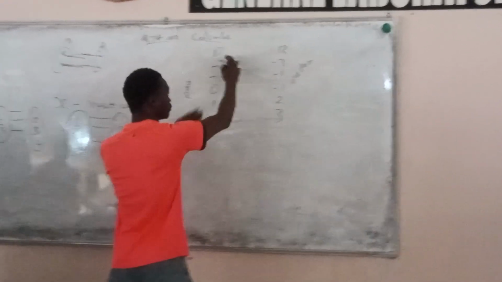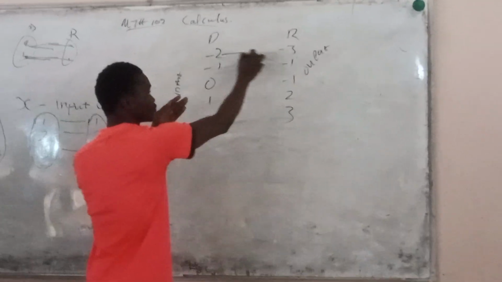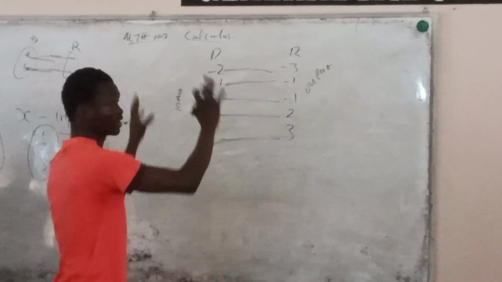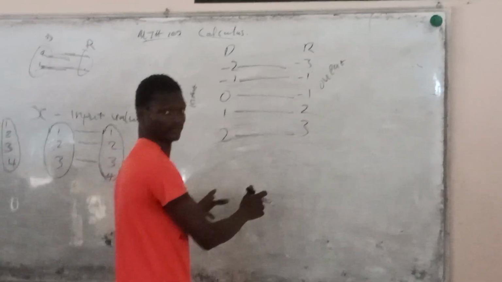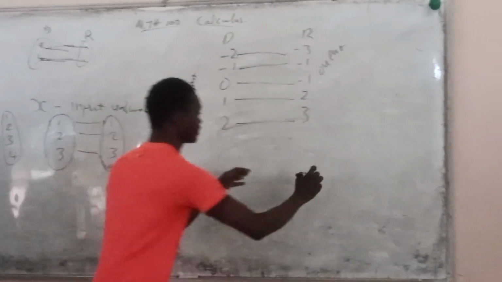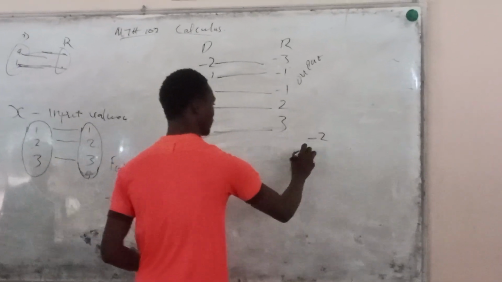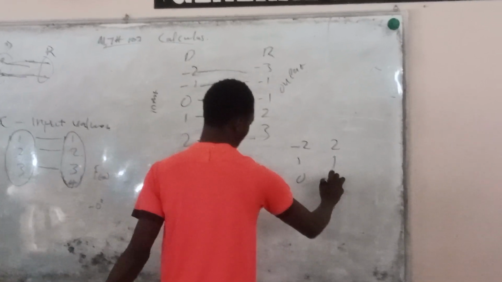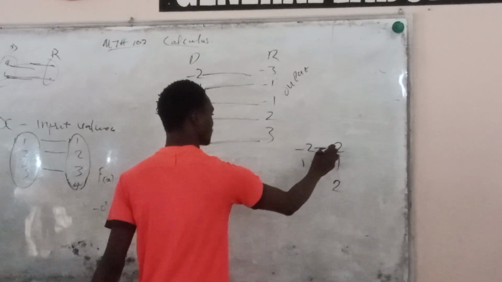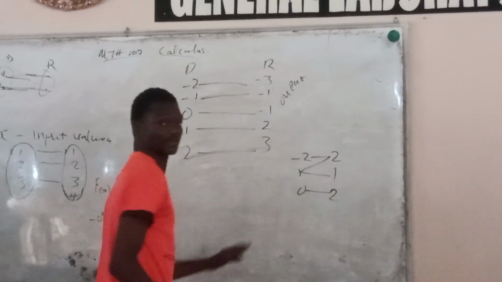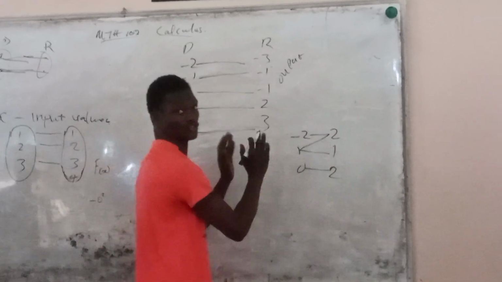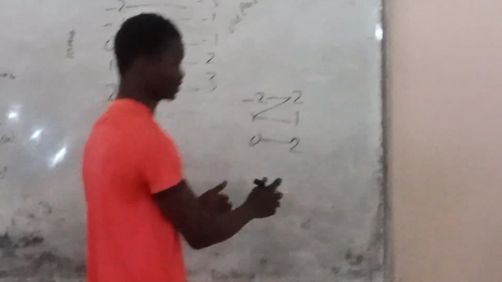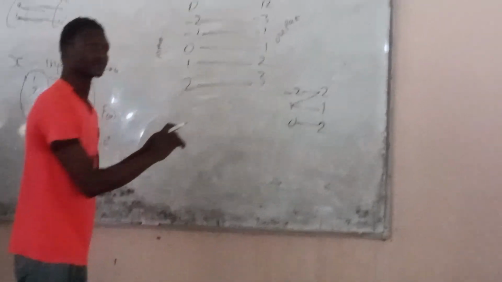If this domain maps to this range like this, this behavior is called injective. In this way, that is called surjective. Okay, thank you very much.